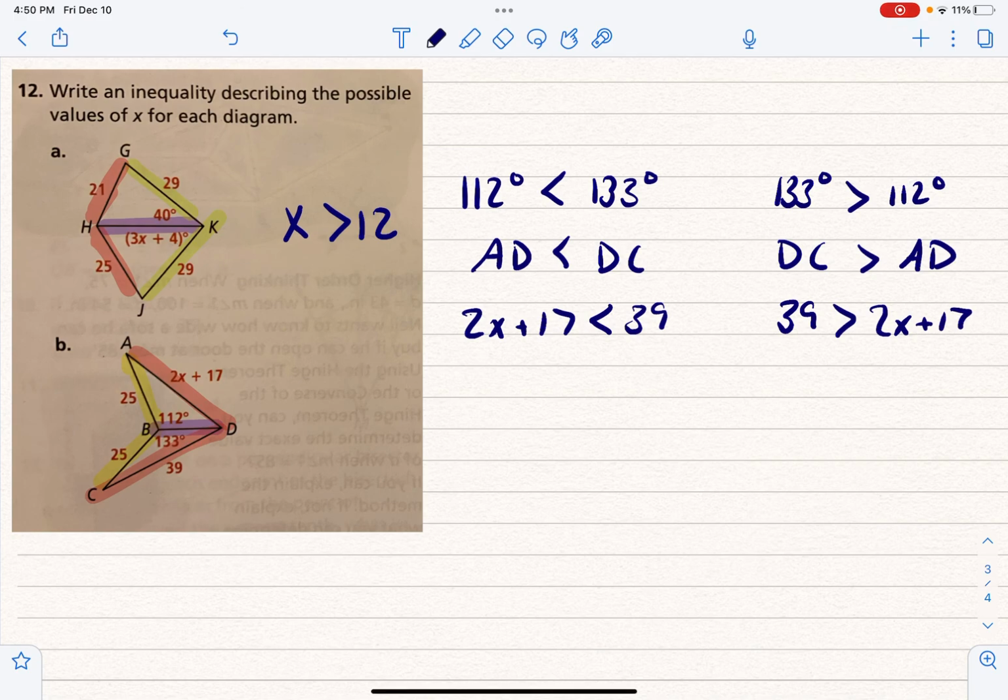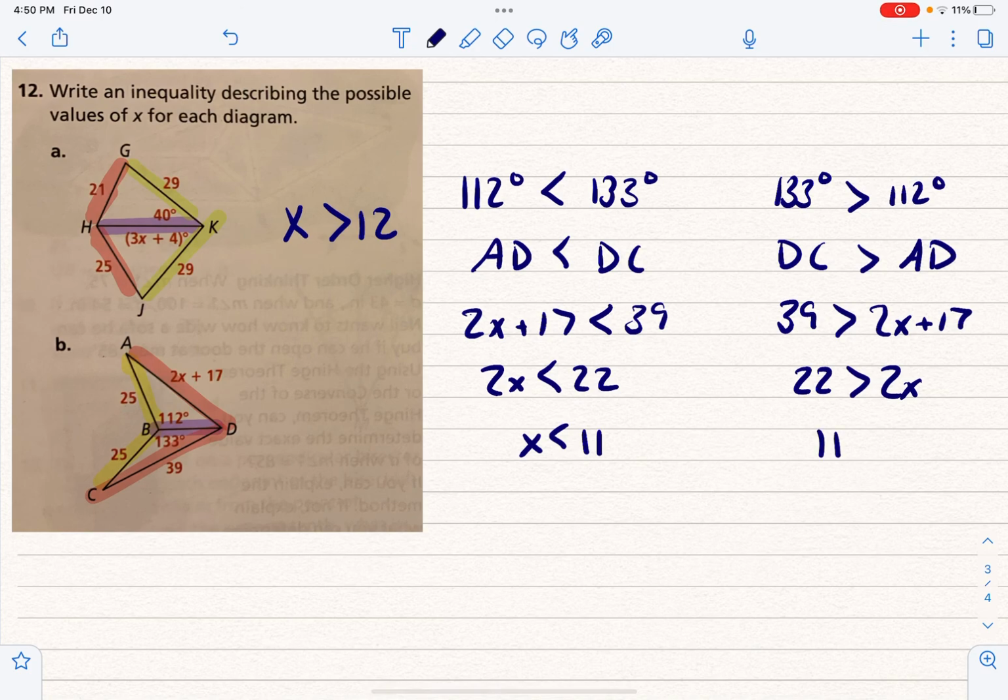And we subtract 17 from both sides, we get that 2x is less than 22, or 22 is greater than 2x. Divide both sides by 2, and we get that x is less than 11, or 11 is greater than x. Either way, it's the same answer.